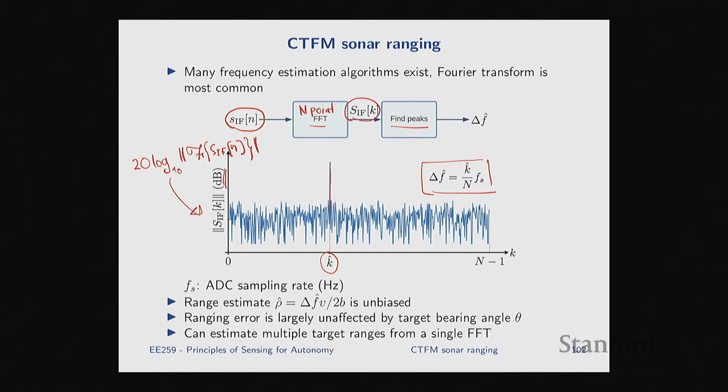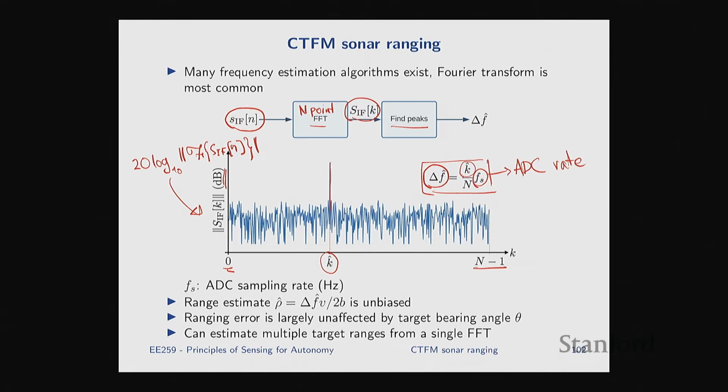That's why our k index goes from 0 to n minus 1. We're just looking at one period of the FFT. The frequency varies linearly here, right? So to go from your index to the frequency, you divide that by n and multiply that by fs, which is the ADC sampling rate. And that gives you your delta f hat, which is your estimate of the frequency of the IF signal.